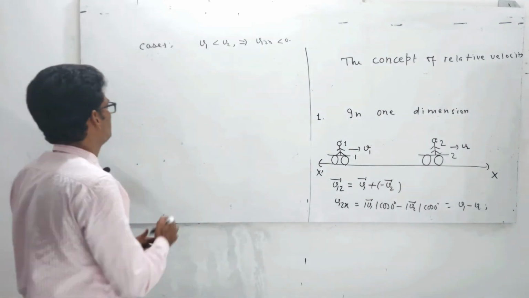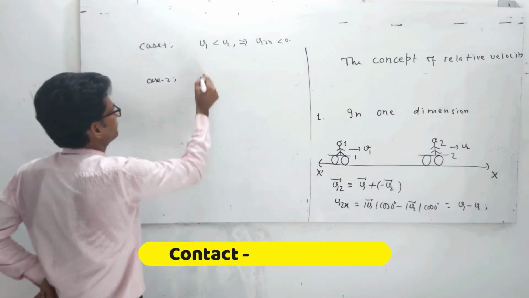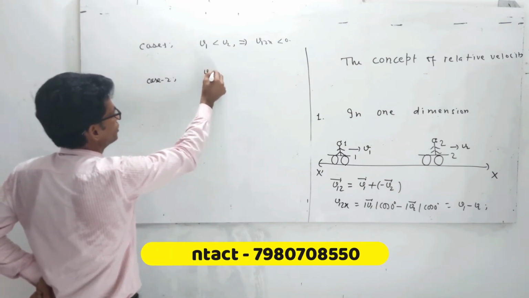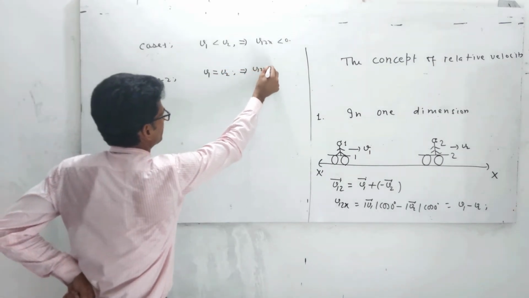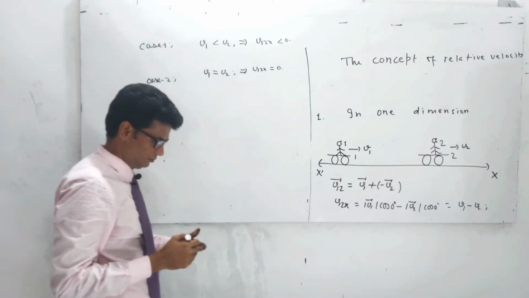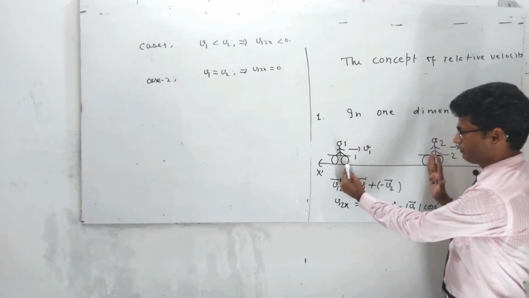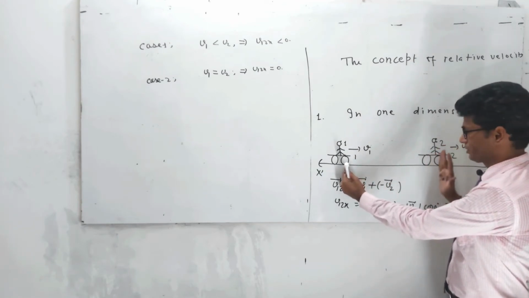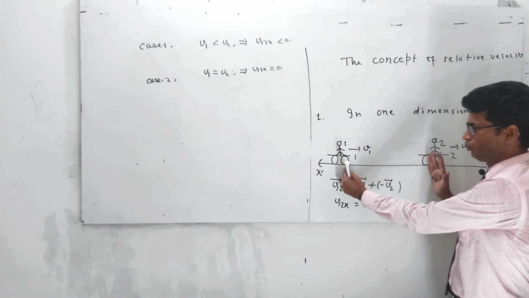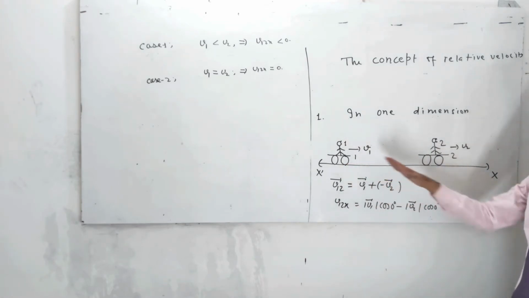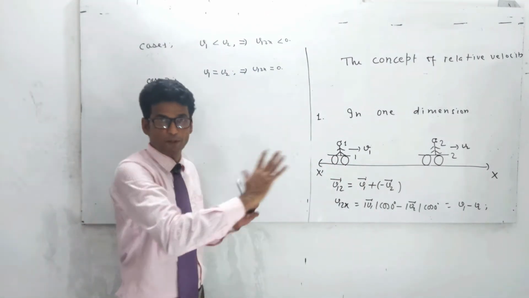Now case 2 here. Say V1 is equal to V2. This implies V12x is equal to 0. What does it mean? It means that the separation between person 1 and person 2, or trolley 1 and trolley 2, is not changing as time passes with respect to each other.